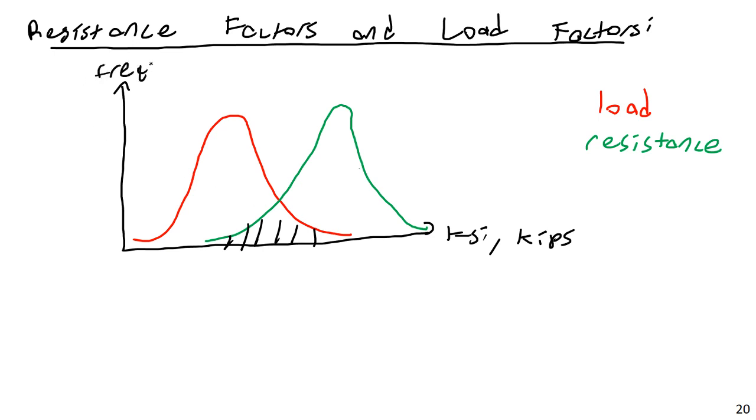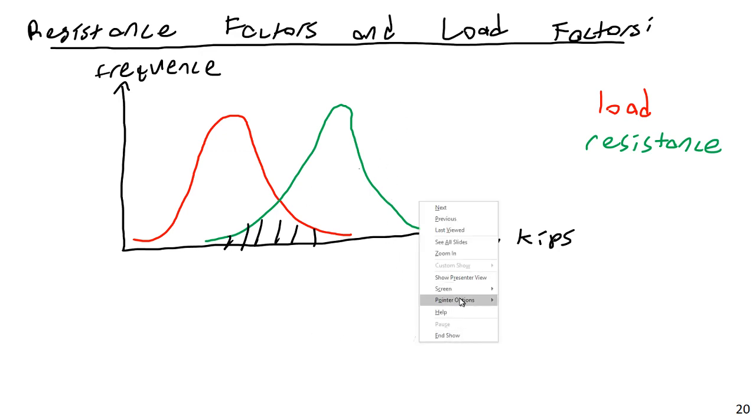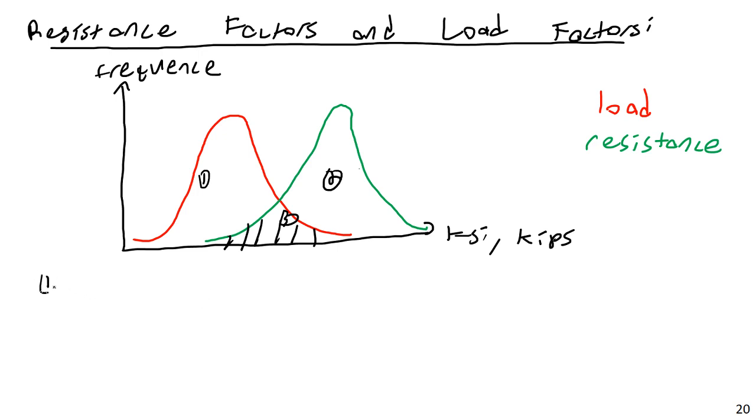It's a frequency plot. So based on a random sampling of loads, how many of them will be here? How many will be here? If you're way over here in the curve, you're going to be fine because your load is much less than expected. Let me label these regions 1, 2, and 3. In region 1, load is less than estimated.